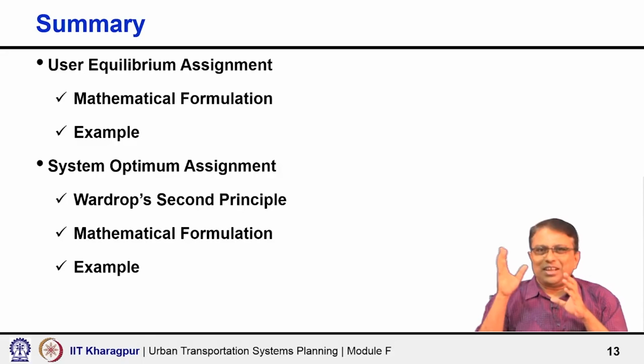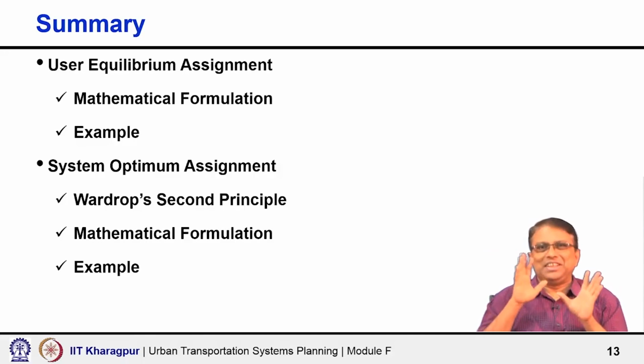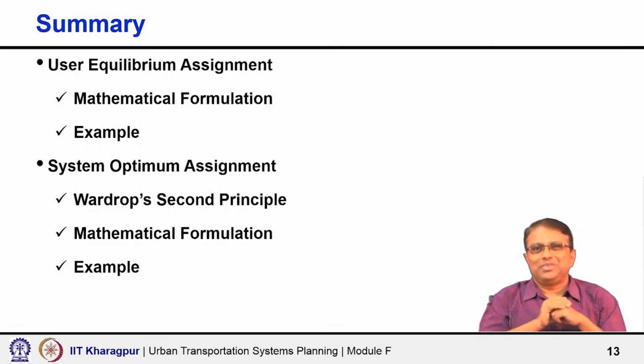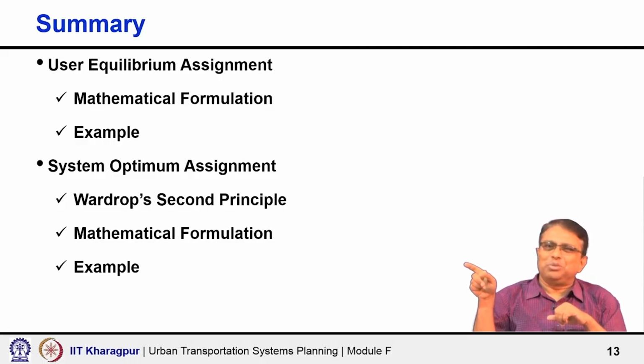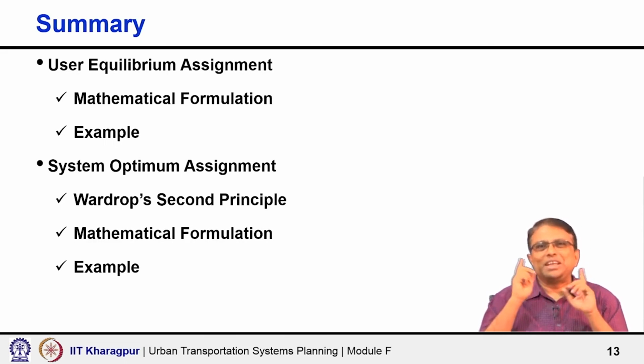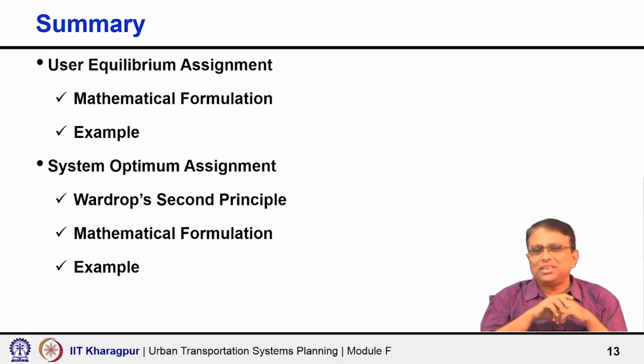So, that means from a congested route, generally speaking, if you can shift people to an uncongested route, even though some people's best route will not be there, there is a lesser cost route, but still if you shift them, then the overall aggregate travel time will reduce. As I said, why the reason?